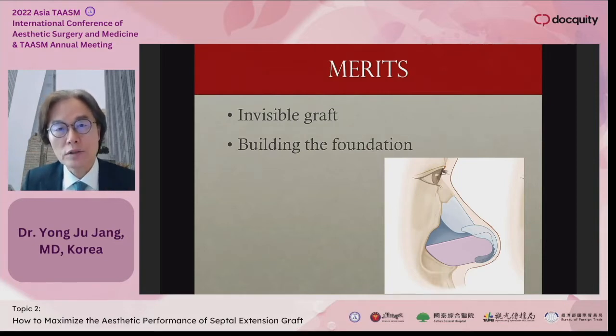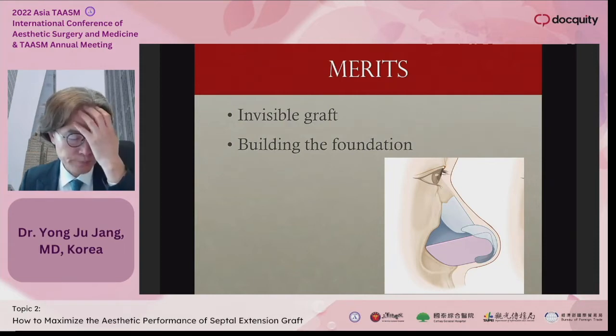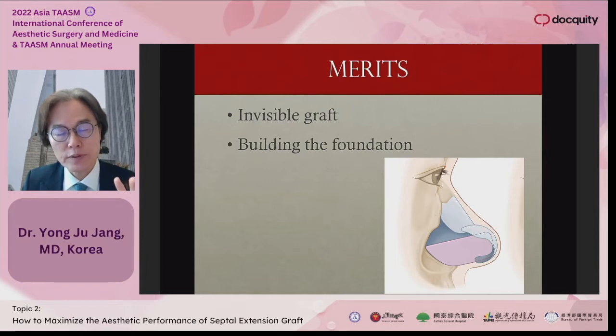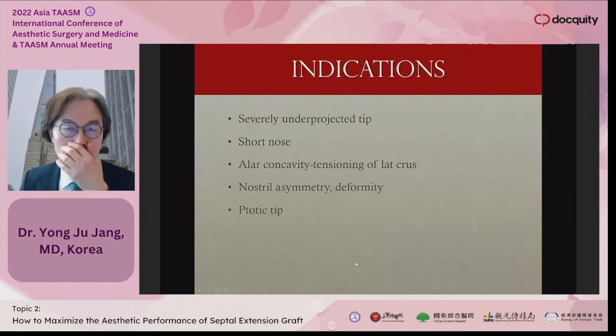And the other advantage is that in most cases it's added on the caudal septum. If it is placed from the anterior nasal spine, it can help build the foundation. So I think these are the merits of the septal extension grafts.